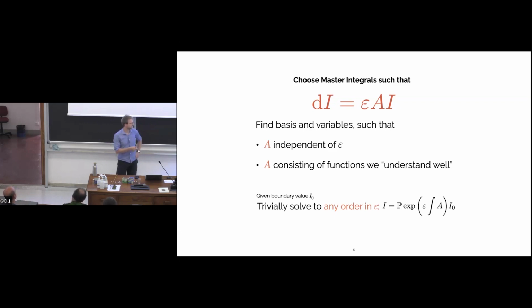And so in the end, the Laurent coefficients, if you expand this then to any order in epsilon, the coefficients will be path ordered or iterated integrals with kernels determined by A. And so in the end, the connection will be that the geometry associated to the integral determines the space of the forms that appear in A.